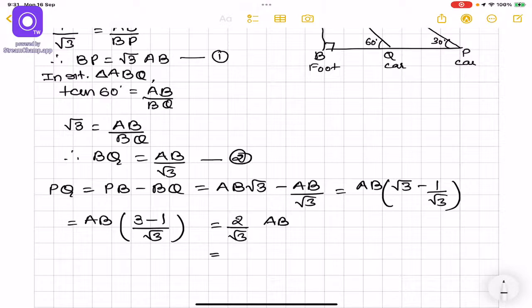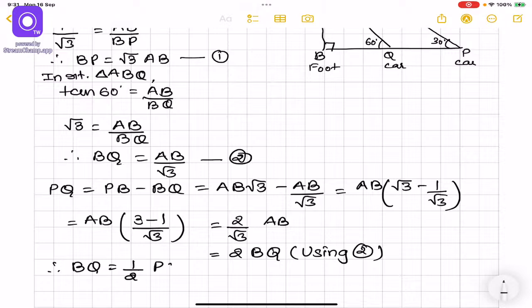Now, which is equal to 2BQ. Why? Using the above. So, therefore, BQ equal to 1 upon 2 PQ.